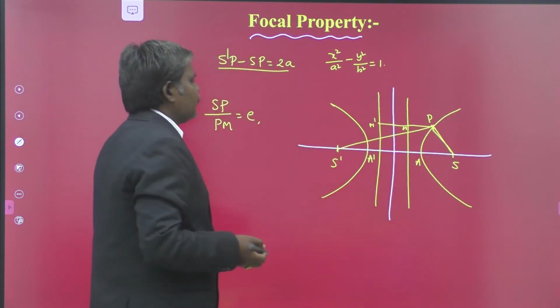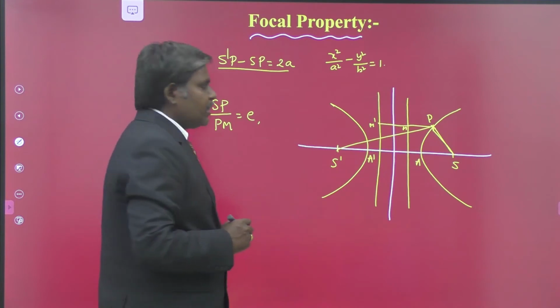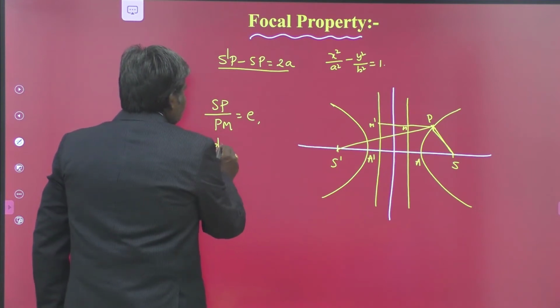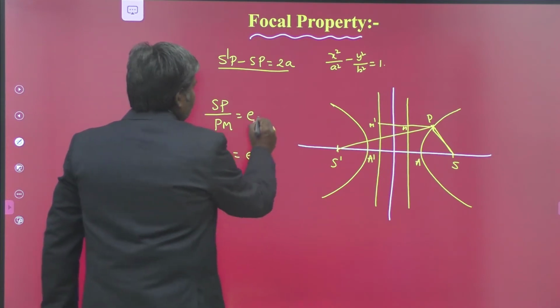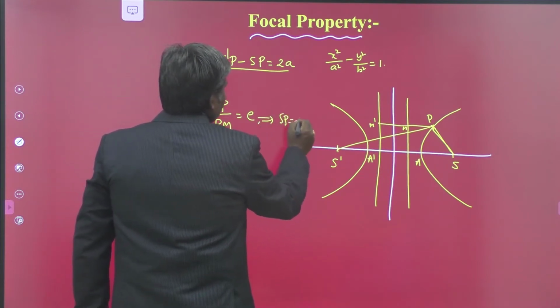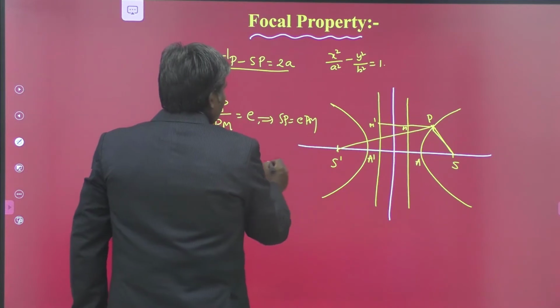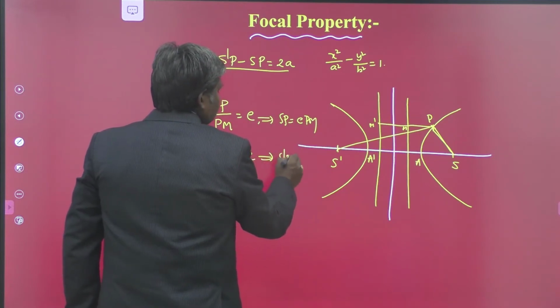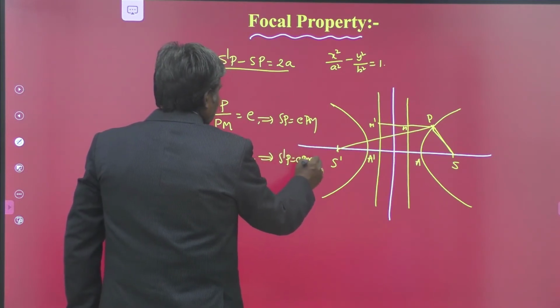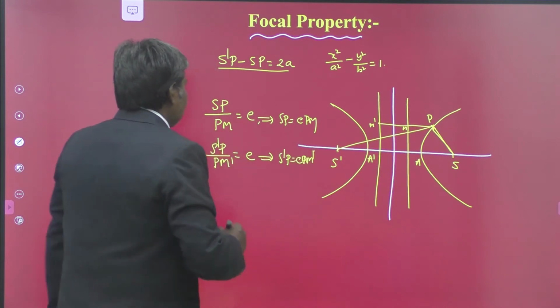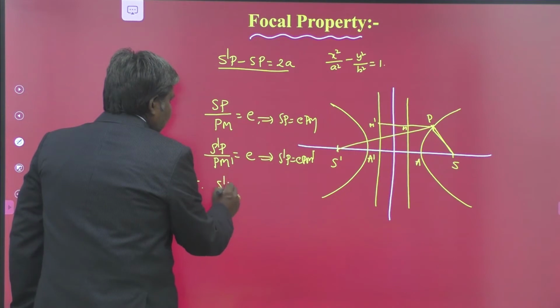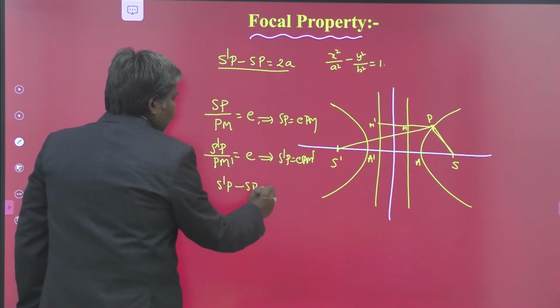We are applying the definition for the two foci here. Similarly, S dash P by PM dash is also E. This implies SP is equal to E into PM, and S dash P is equal to E into PM dash. This is PM dash. Therefore, S dash P minus SP is what, my dears?